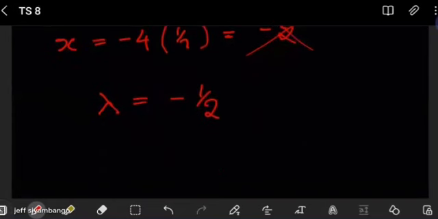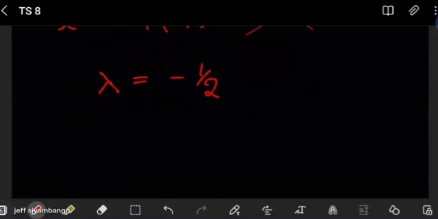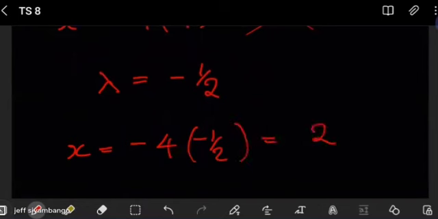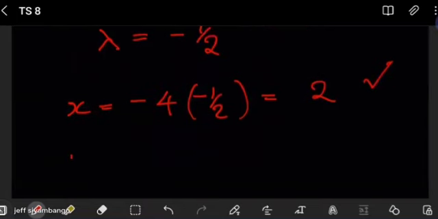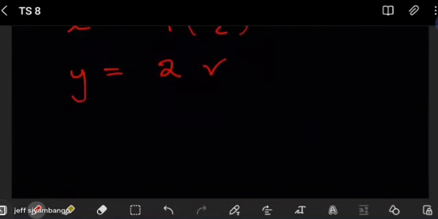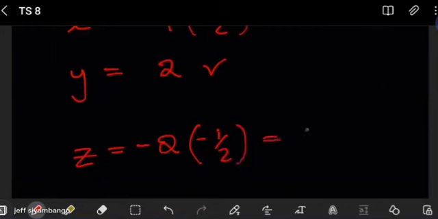When we go with lambda equal to minus half, what do we end up with? We now have x equal to minus 4 times minus half, which correctly gives us x as 2. Now we are happy. In the same way, for lambda equal to minus half, y will come out as positive 2. And finally, for lambda equal to minus half, z, which was minus 2 lambda, will be minus 2 times minus half, so z will be equal to 1.